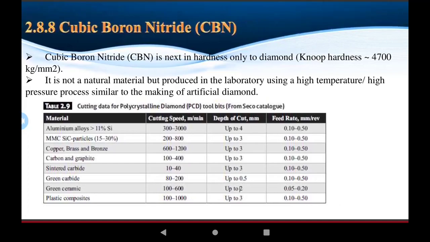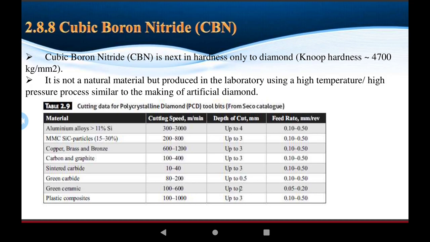It is not a natural material. It is the product of research, made in a high temperature, high pressure process similar to the making of artificial diamond. Cubic boron nitride is an artificial diamond material.